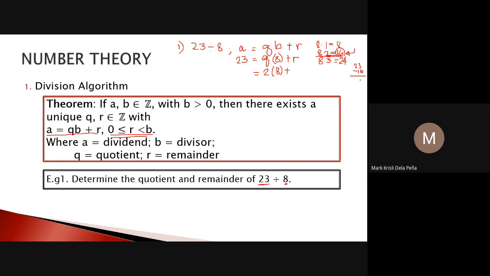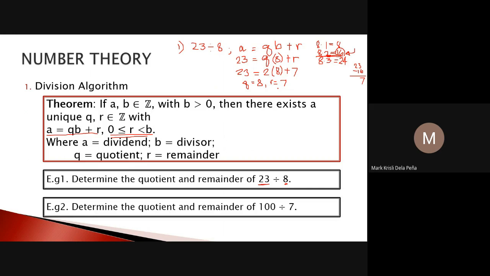The result is 7. So our r is 7. Therefore, our q is equal to 2 and r is equal to 7. So this is how we get the quotient and the remainder.